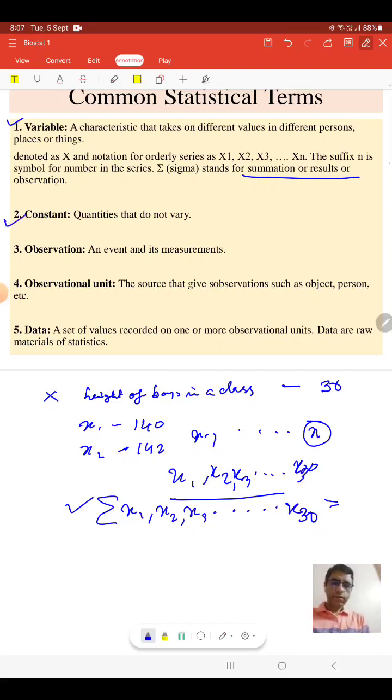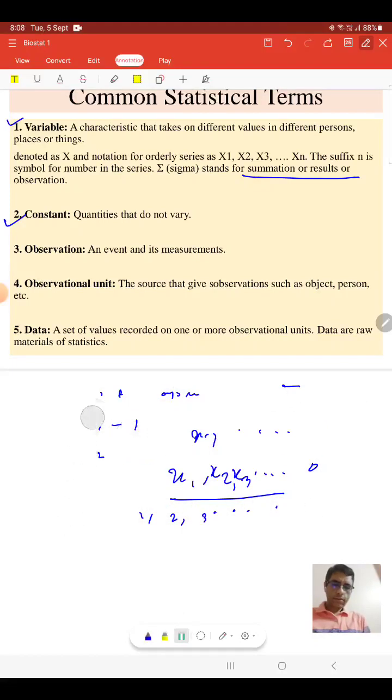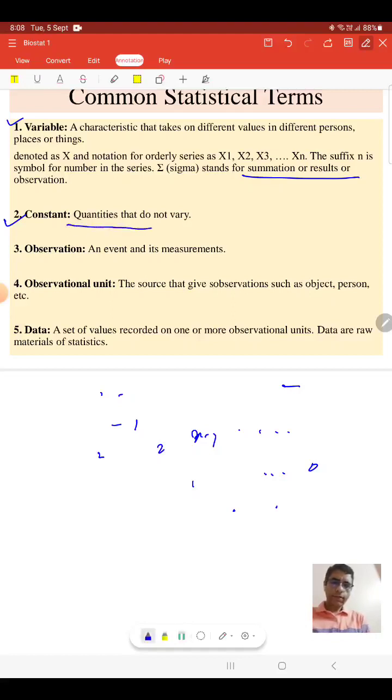Next is constant. Constants are quantities that do not vary. We all know what a constant is, I think.